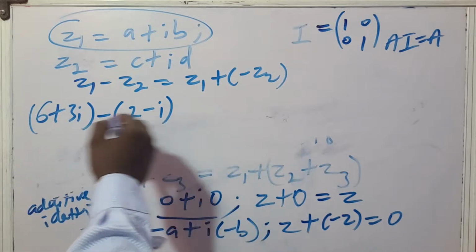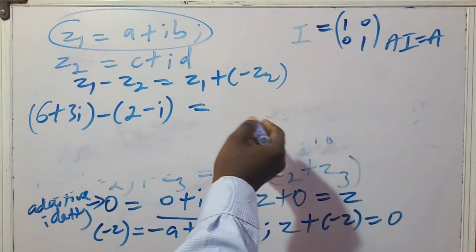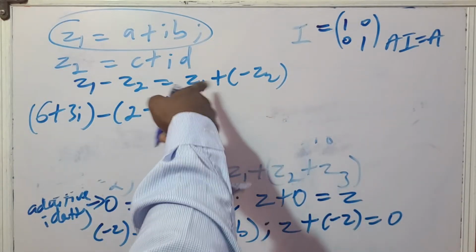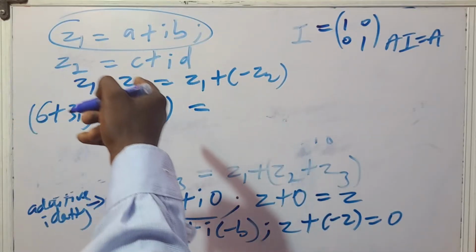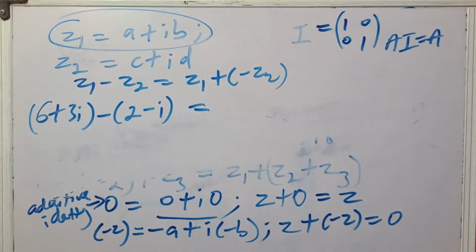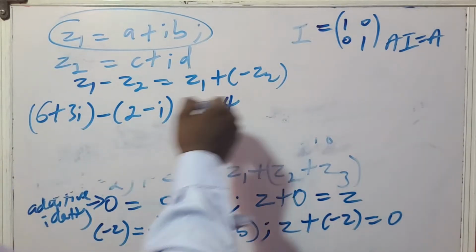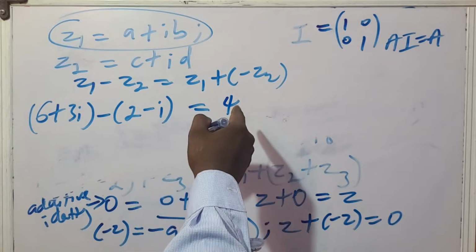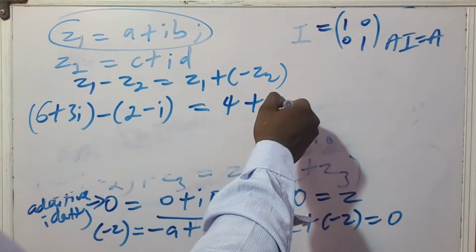So if we are trying to subtract these two complex numbers from each other, we just have to say Z1 plus minus Z2, and don't forget what we said about the addition. So we'll be having the real with the real, and then the imaginary with the imaginary. So this will obviously give you, in a case like this, 6 minus 2, that will be 4, and this will be plus 4i, because this will be 3 minus minus 1, plus 4i.